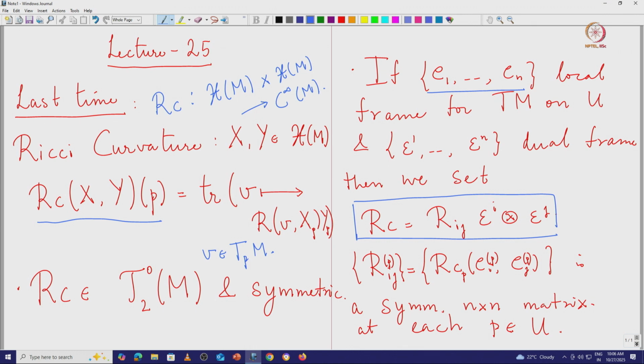So today the first thing I want to do is talk about some other properties of the Ricci curvature, and then define a further trace of the Ricci curvature called the scalar curvature. At the end of that we would have defined various curvature operators.